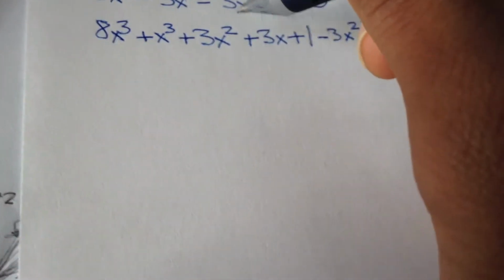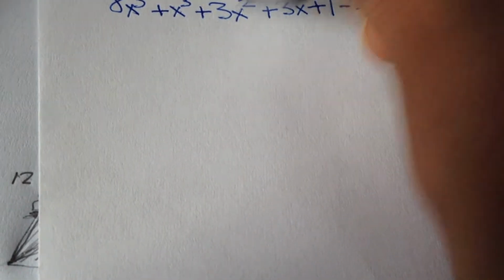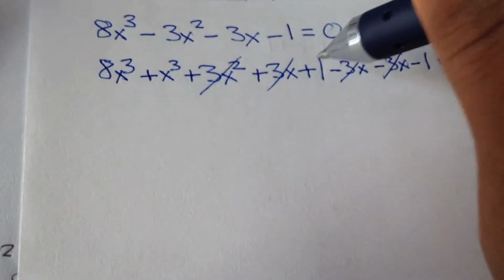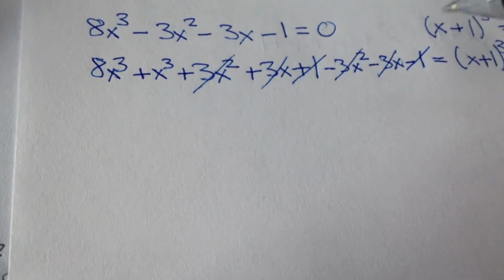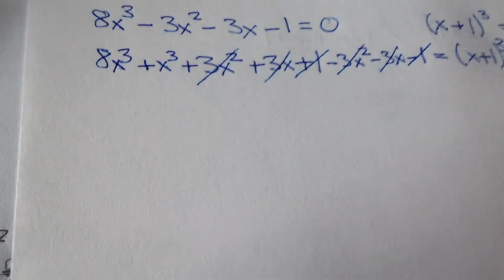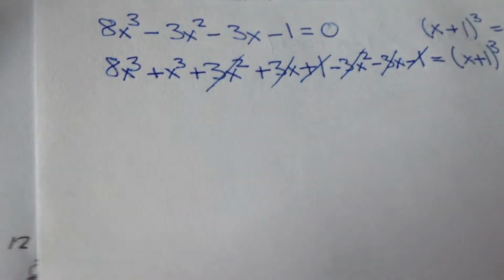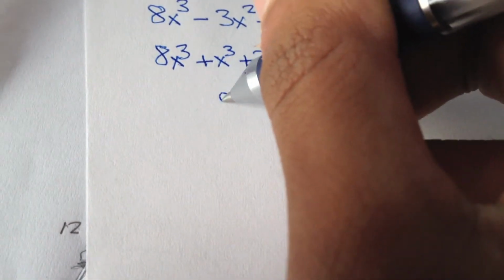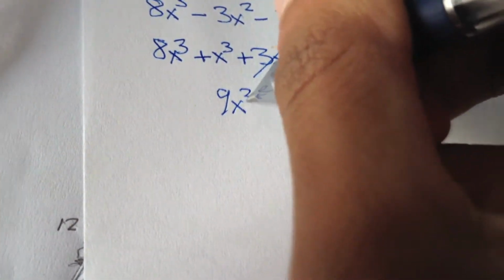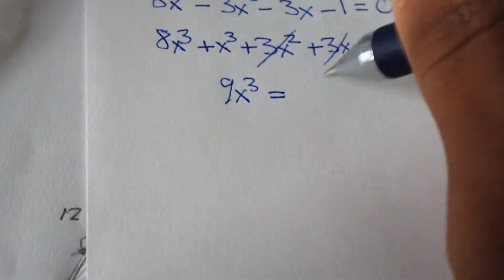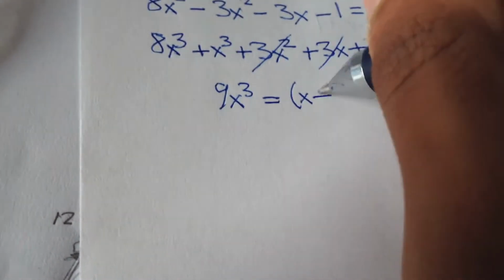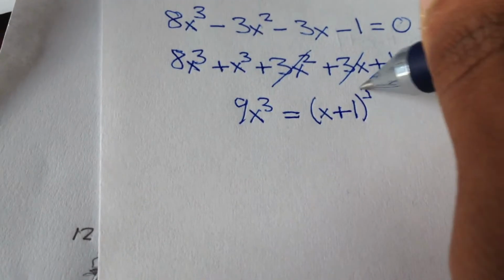So we can cancel out terms on the left hand side of the equation, namely 3x squared cancels out with negative 3x squared, 3x with negative 3x, and 1 with negative 1. This is because the signs were just opposite, as we found out before. So now the equation is just reduced to 9x cubed equals x plus 1 the whole cubed.